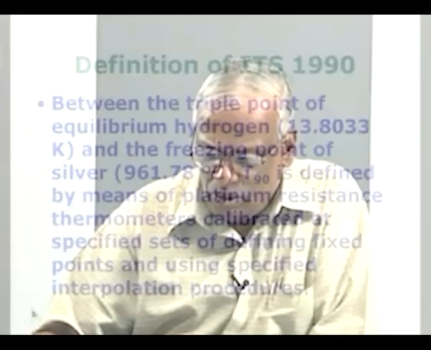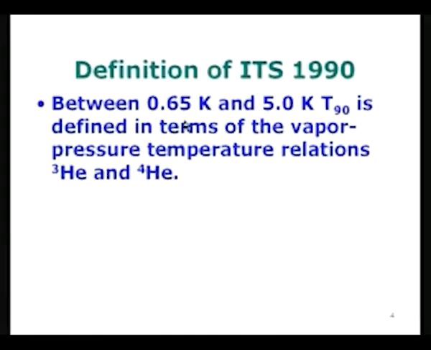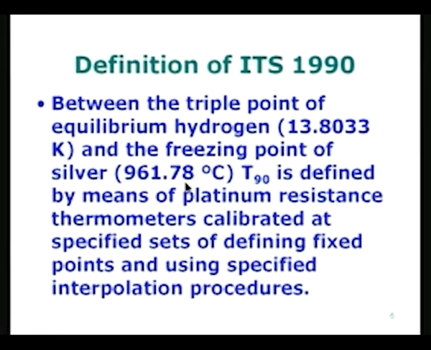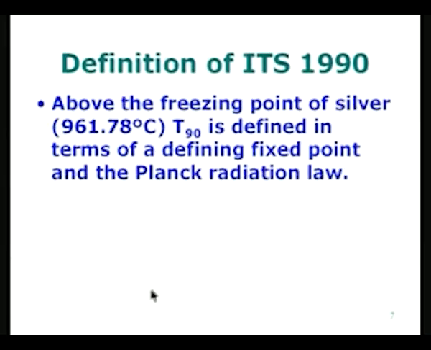That means, we are covering the entire range from the lowest, which was the 0.65 Kelvin, to the highest, which is 961.78 degrees Celsius, by using different thermometers and different procedures for making them agree with each other by using suitable interpolation formulae.